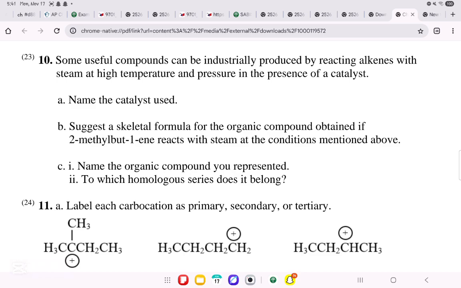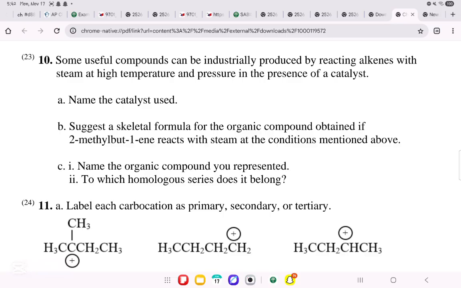What is this? We are doing what? We are reacting alkenes with steam at high pressure and temperature. Okay, so this reaction is when alkenes are hydrated.